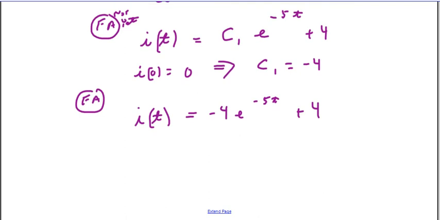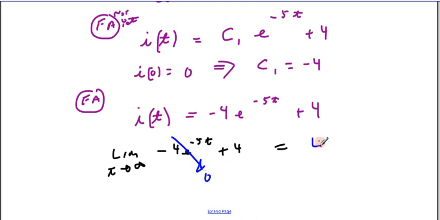But then it wants us to continue to find the limit of that current as t approaches infinity. And we look at that and we say, well, look at this. This term here goes to 0 pretty quick, and the answer is 4.